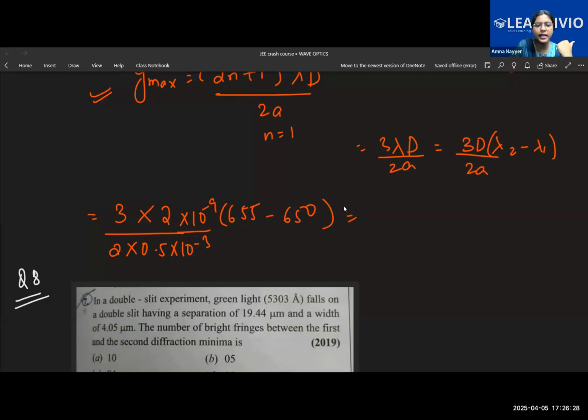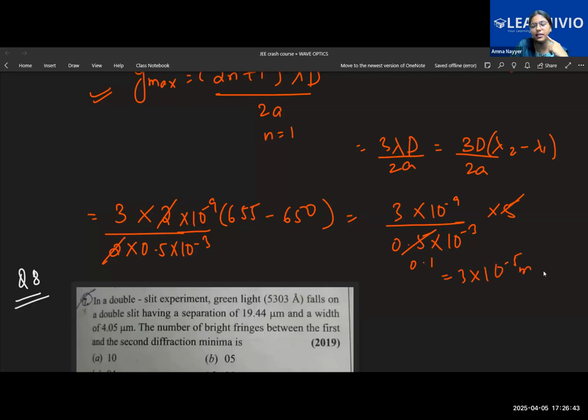The 2 gets cancelled. This is 3 into 10 to the power minus 9 by 0.5 into 10 to the power minus 3, into 5. This is 0.1, so this is 3 into 10 to the power minus 5 meters.